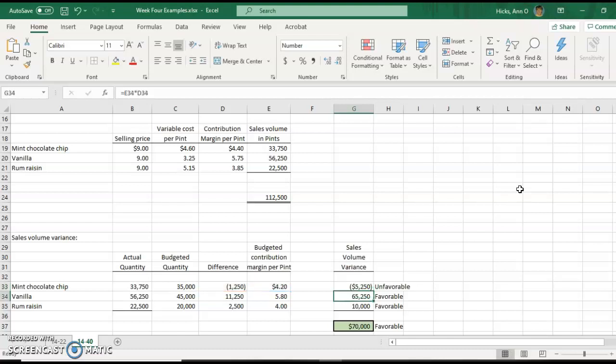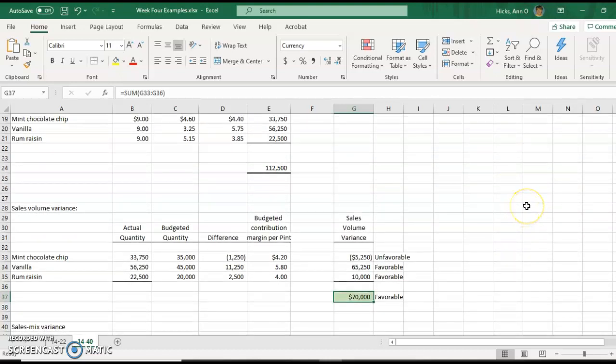So this amount is the change in sales strictly because we sold more or fewer than we had planned. And you'll notice for our mint chocolate chip, it was unfavorable, but for vanilla and rum raisin, it was favorable, leaving us with a net $70,000 favorable sales volume variance.